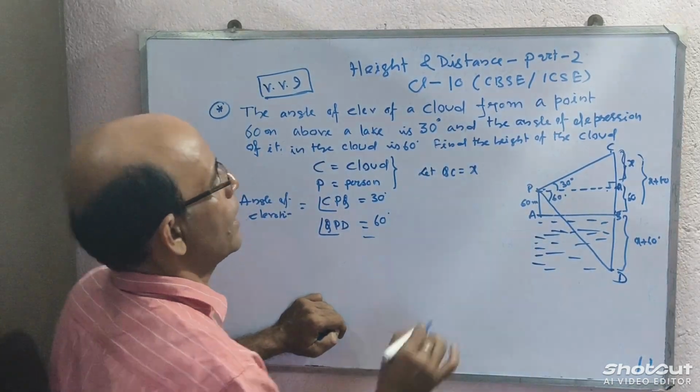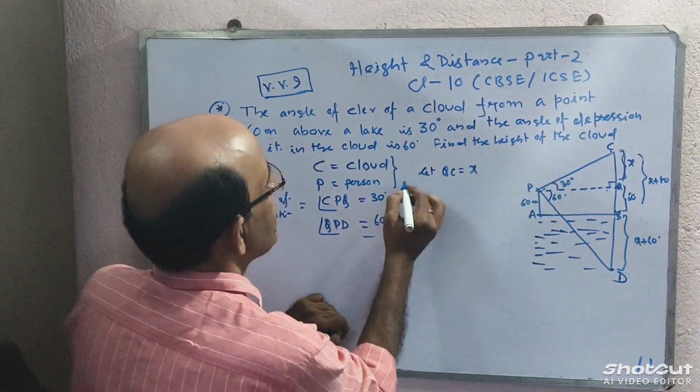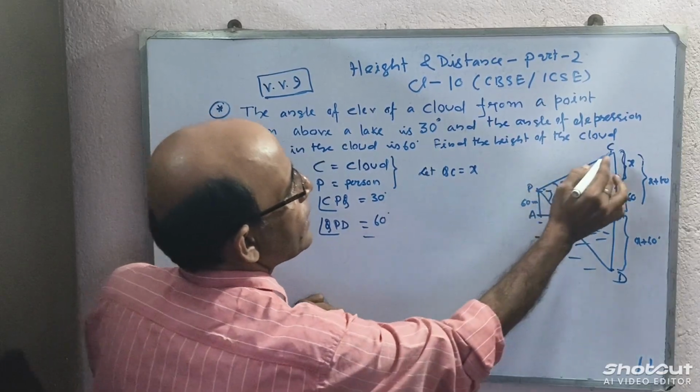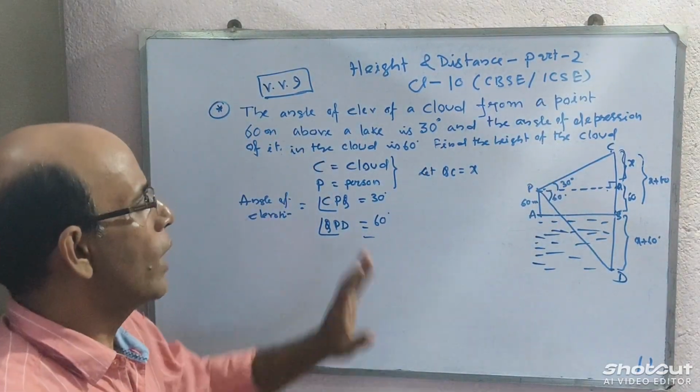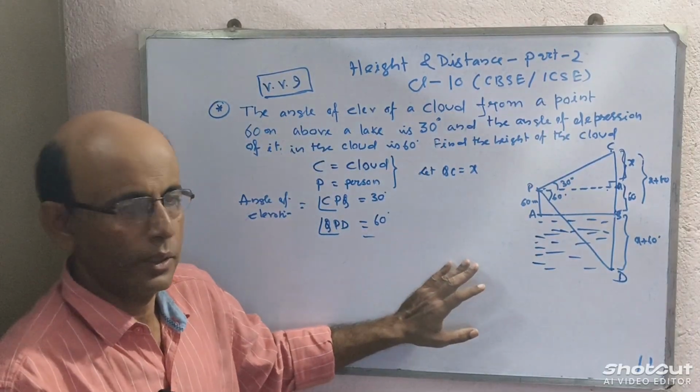CQ is drawn. In this triangle CPQ, first of all you have to understand the picture.